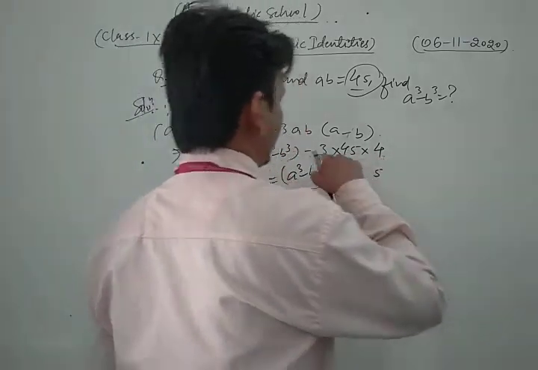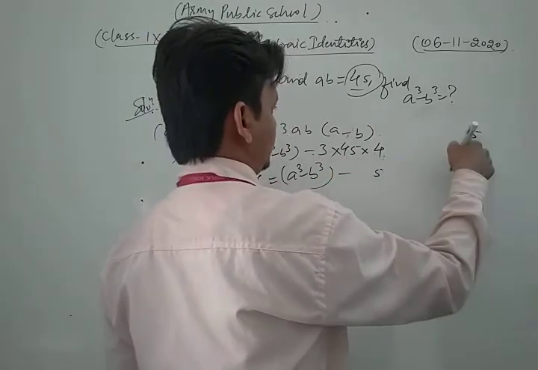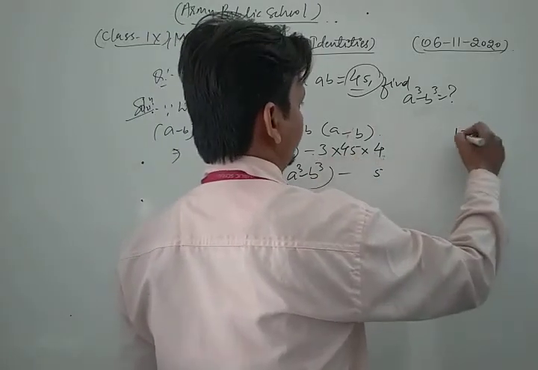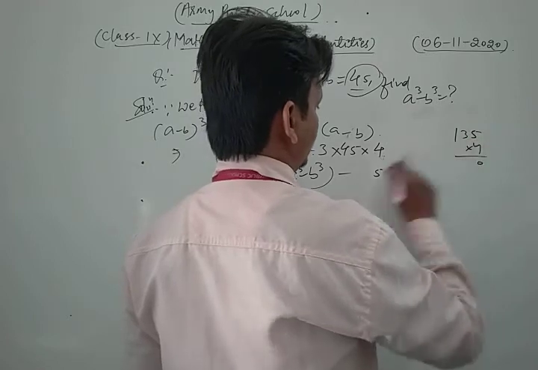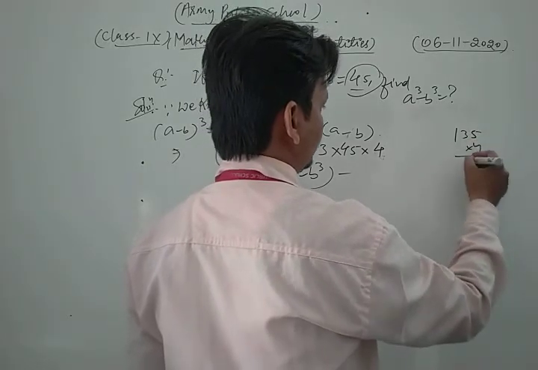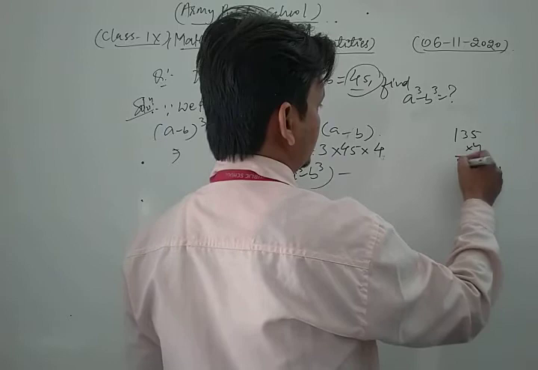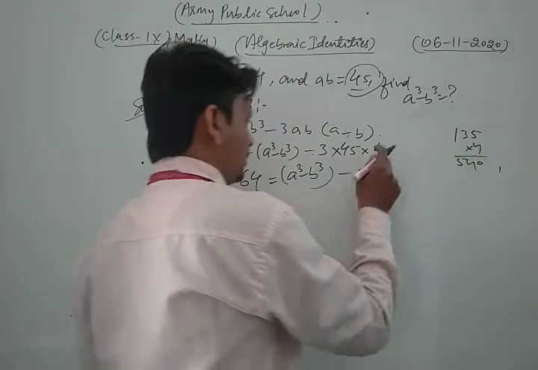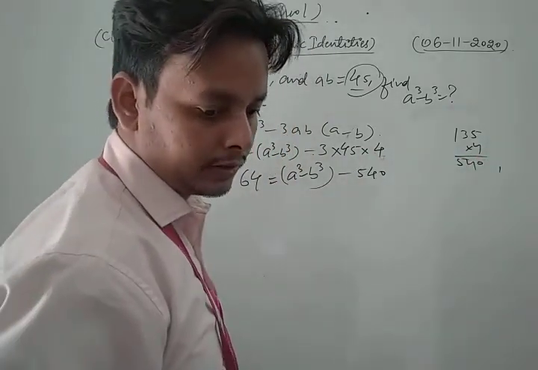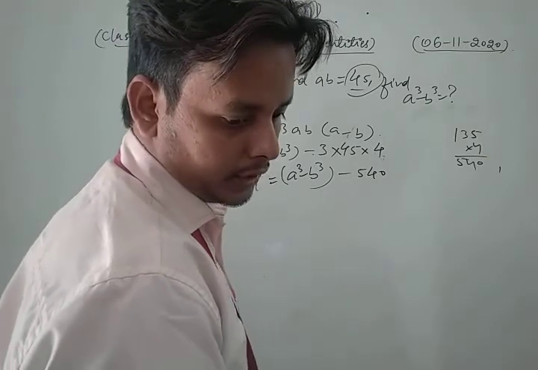Now we multiply them. 135 multiplied by 4, we get 540.